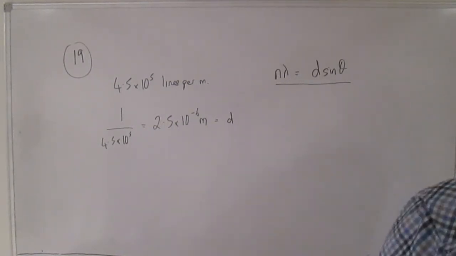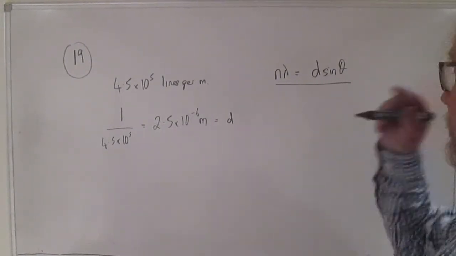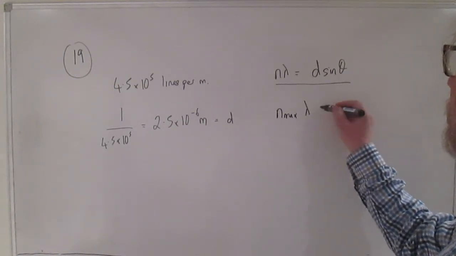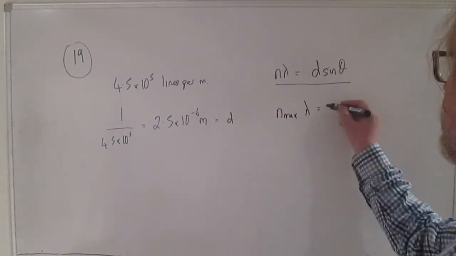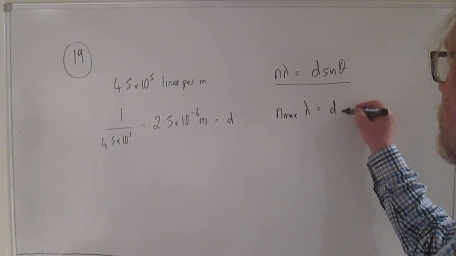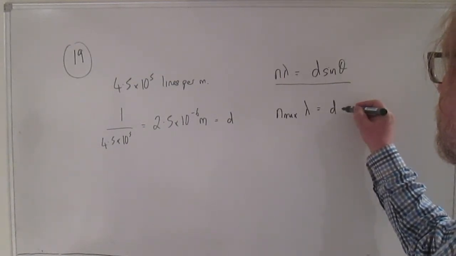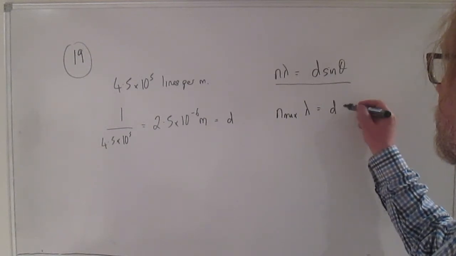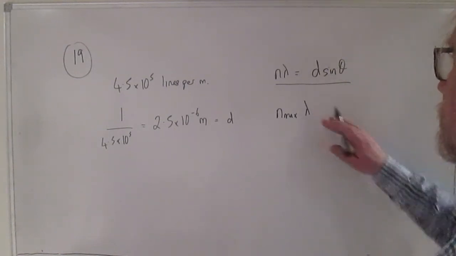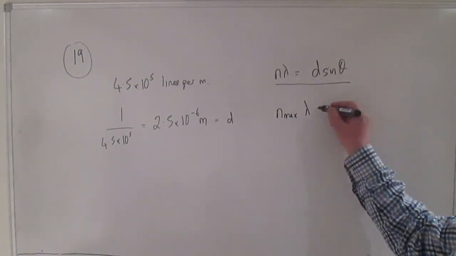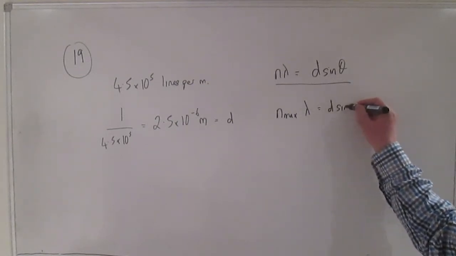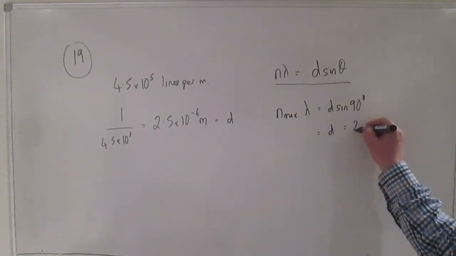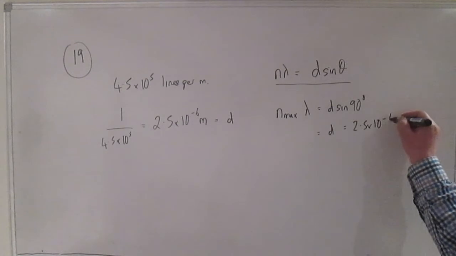That's the idea. So we can say that n max times lambda is equal to d sine of 90 degrees, which is just equal to d, which is 2.5 times 10 to the minus 6 meters.